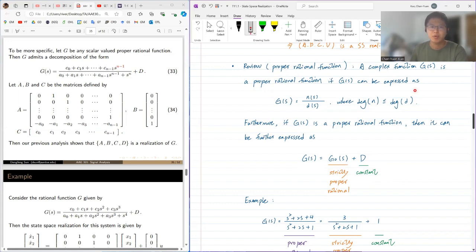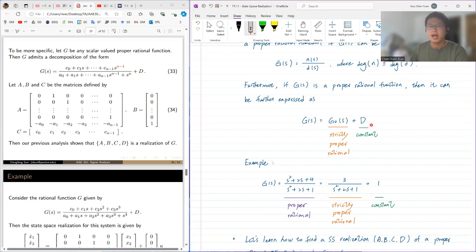Here, a strictly proper rational function is a function that can also be expressed as a fraction of two polynomials, only that the degree of the numerator polynomial is strictly less than that of the denominator polynomial. As an example to illustrate this fact, let's look at the function G(s) equals s squared plus 2s plus 4 over s squared plus 2s plus 1.